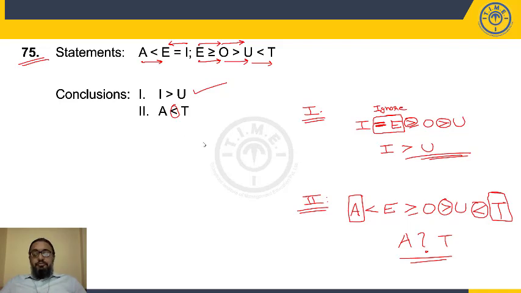Are you understanding the point? Whenever you have opposite inequalities between the elements that are asked in the conclusion, after you get the relation, you can say that it does not follow. So my final answer for this is only one follows. That is choice 1. Are you understanding the point here? Okay.